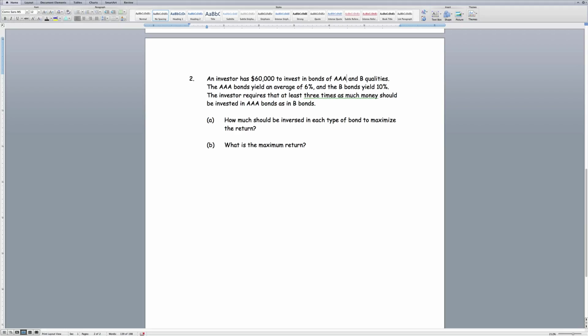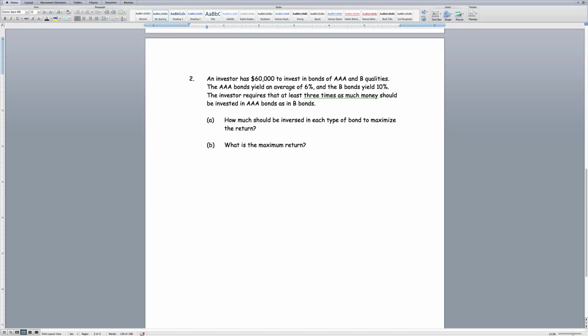The AAA gives a yield of 6% and bond B gives 10%. The investor requires that at least 3 times as much money should be invested in AAA bonds as in B bonds. Now that's going to be one we're going to have to think about, right? How much should be invested in each type of bond to maximize the return?